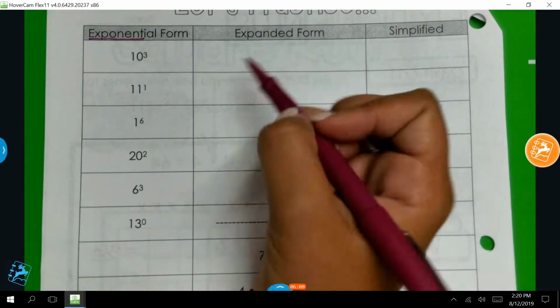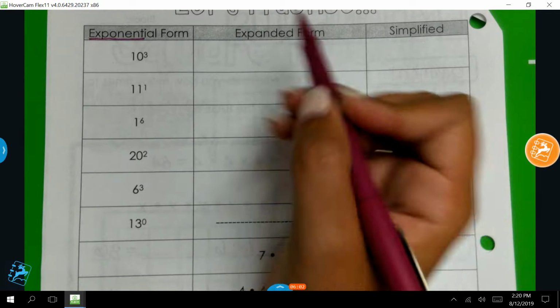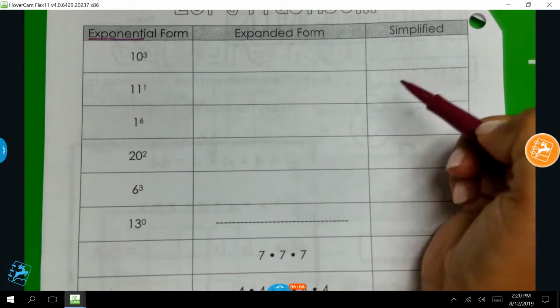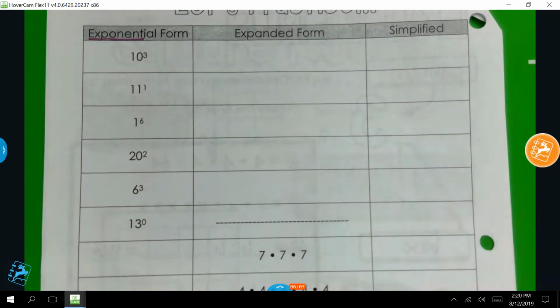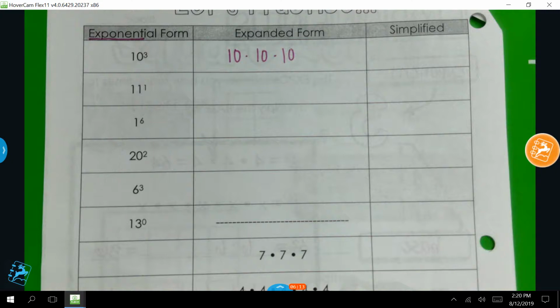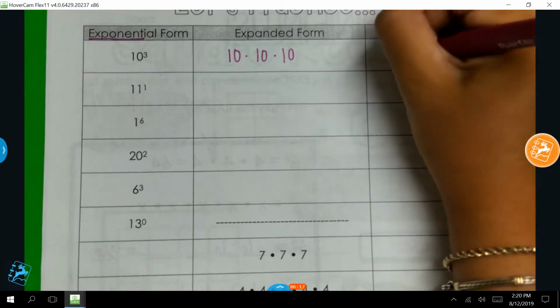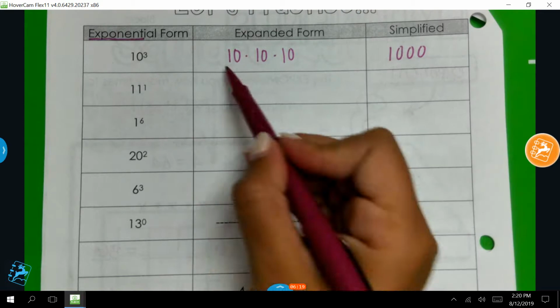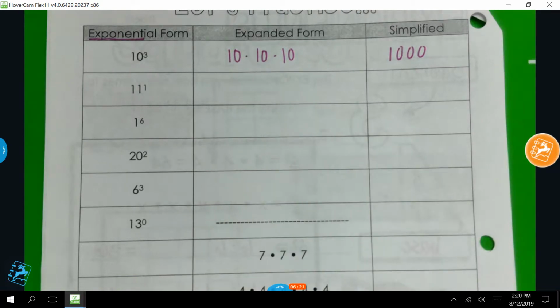Okay? And then expanded form is 10 written out 3 times, multiplied by itself. Okay? So this means I have 10 times 10 times 10. Okay? And then what's simplified form? 1,000. The simplified form is simply just multiplying all of your numbers together. Okay. Questions on that?